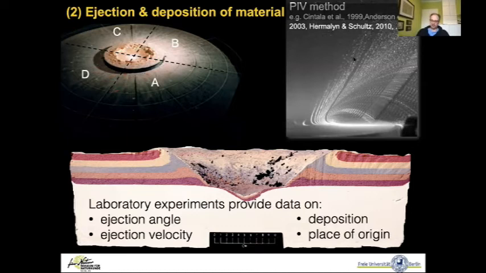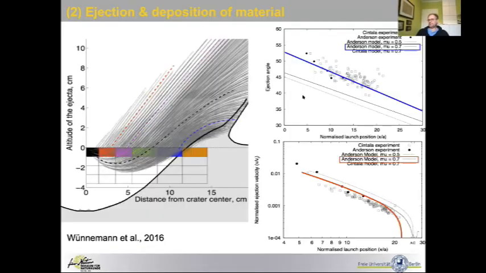So there's a bulk of literature on this, where you use particle image velocimetry. With this method, you can actually track the individual particles when they are ejected, and you can measure the angle and the velocity of ejection. And then you end up with something like this. This is a cloud of measurements of ejection angle as a function of distance.